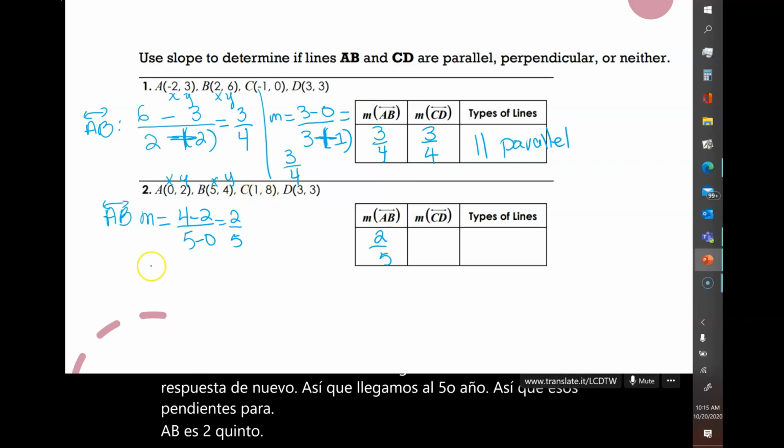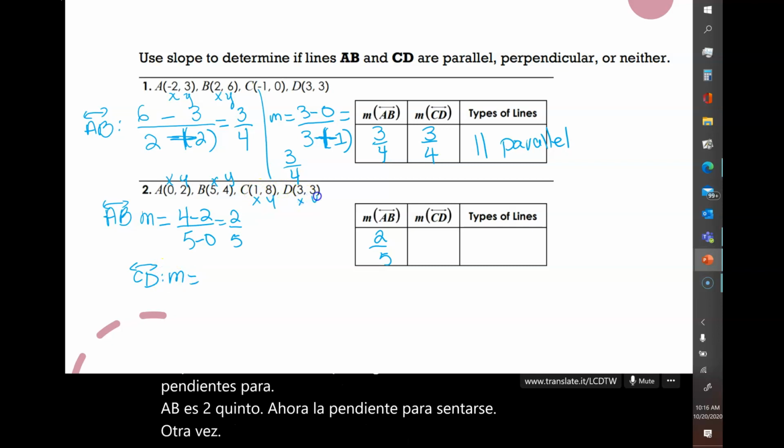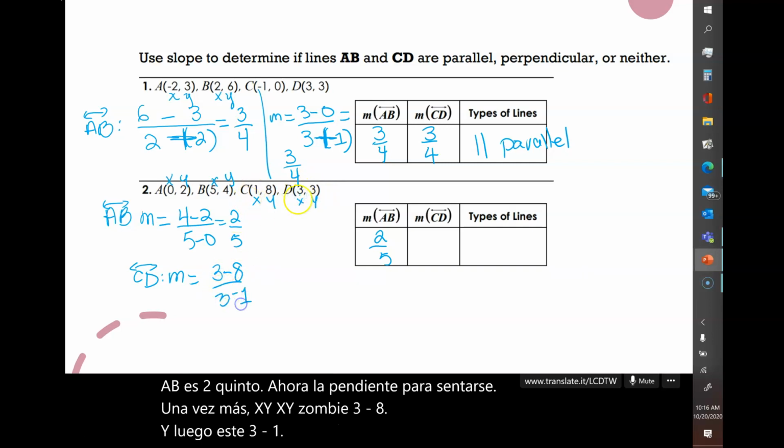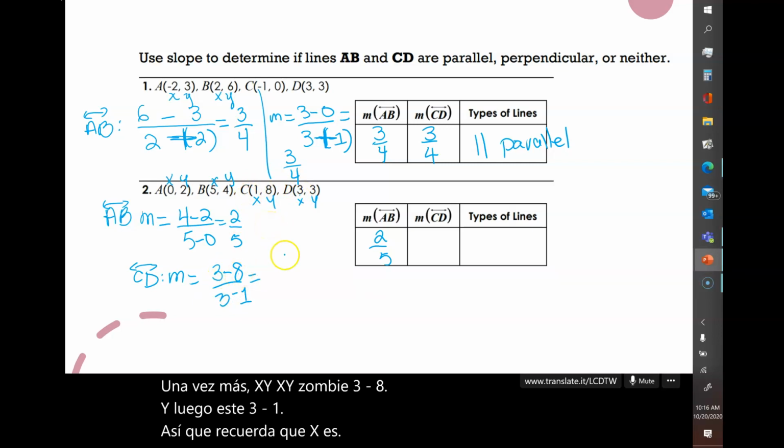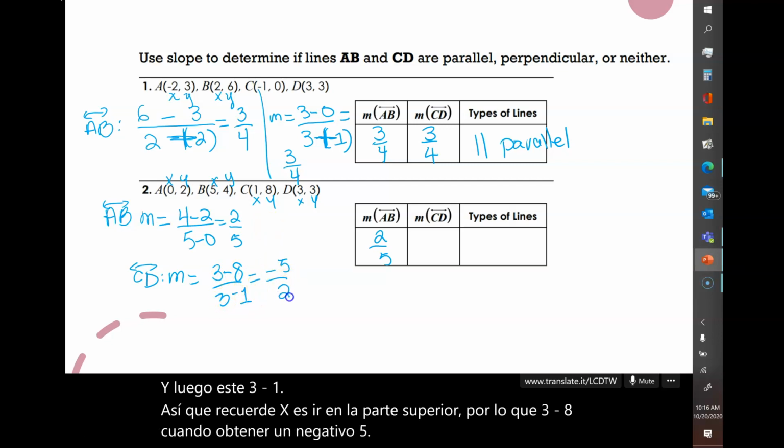Now, the slope for CD, again, xy, xy. So that'll be 3 minus 8, and then this 3 minus 1. So remember, x's go on top. So 3 minus 8, we'll get a negative 5. And then 3 minus 1, we get a 2.